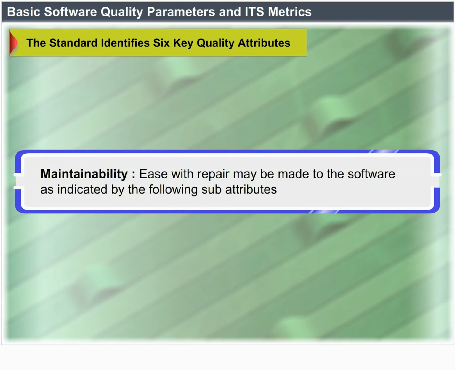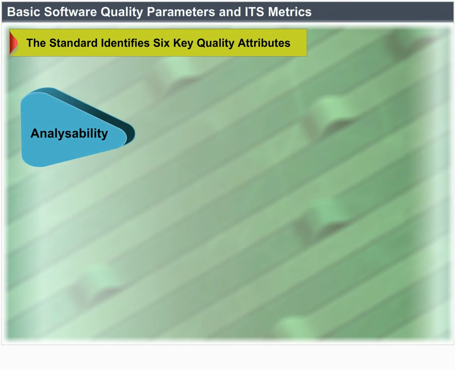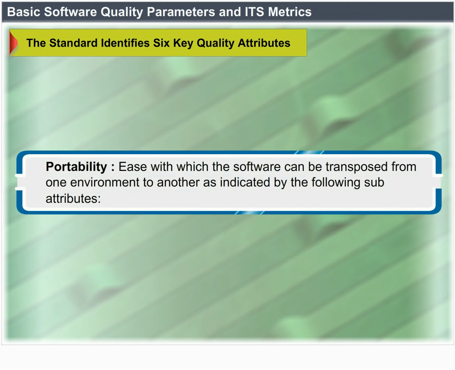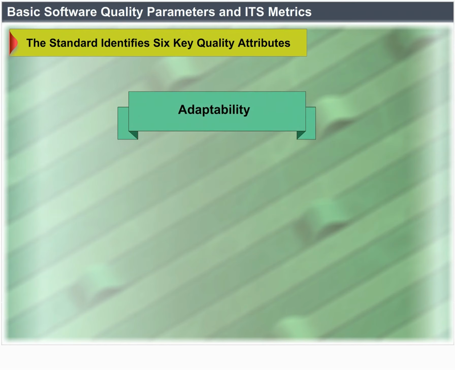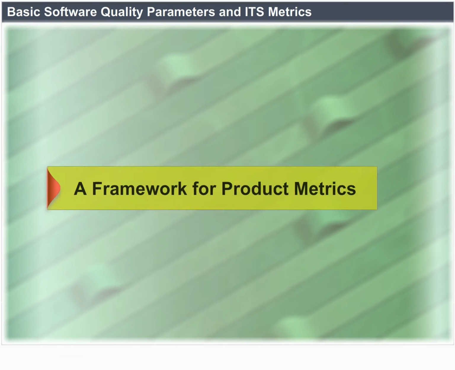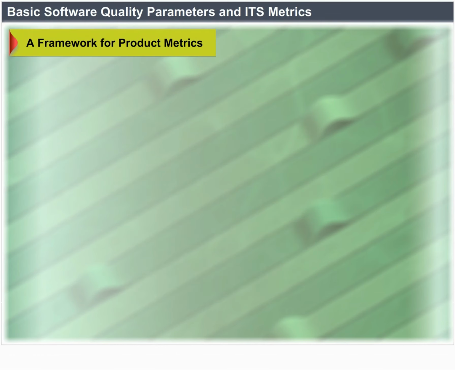Ease with which repair may be made to the software as indicated by the following sub-attributes: analyzability, changeability, stability, testability. Portability. Ease with which the software can be transposed from one environment to another as indicated by the following sub-attributes: adaptability, installability, conformance, replaceability.